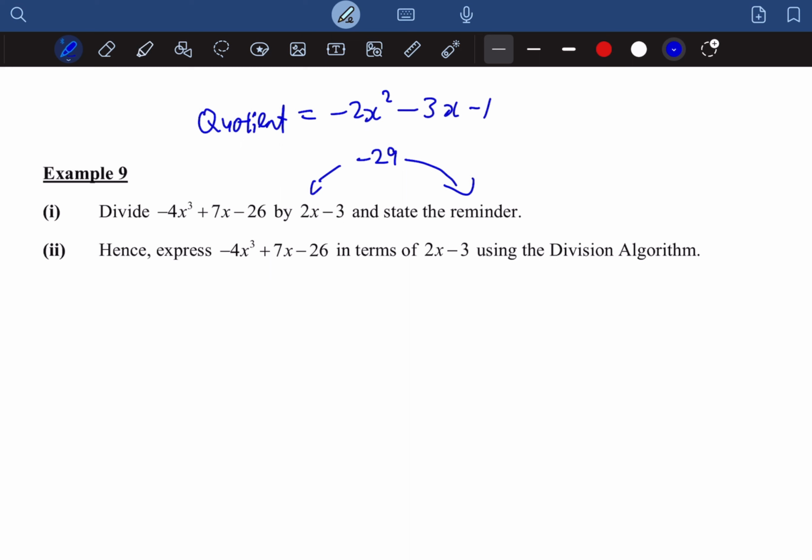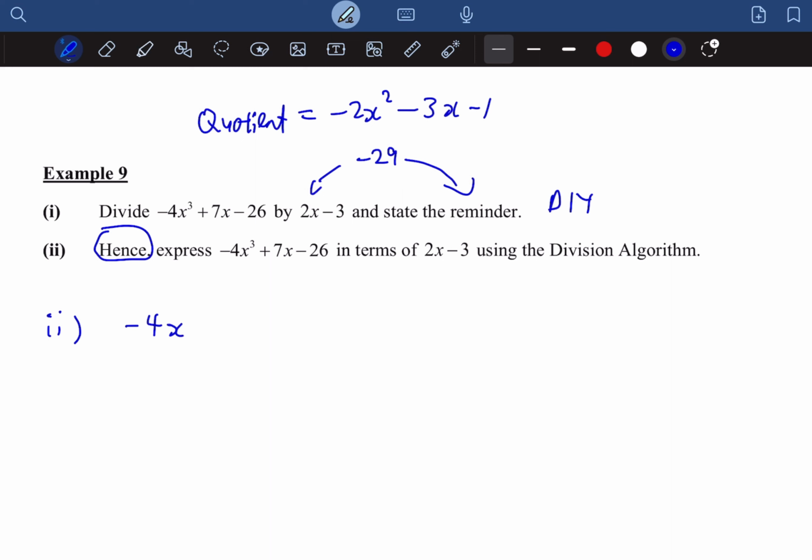Then important is the part 2, which I've not shown you all yet, which I think you all should be able to, but I'll still show just the part 2. So this one you can DIY. Part 2, they say hence, take note, hence. So we have to use our long division working. We have to write it as dividend equals to divisor times quotient plus remainder.